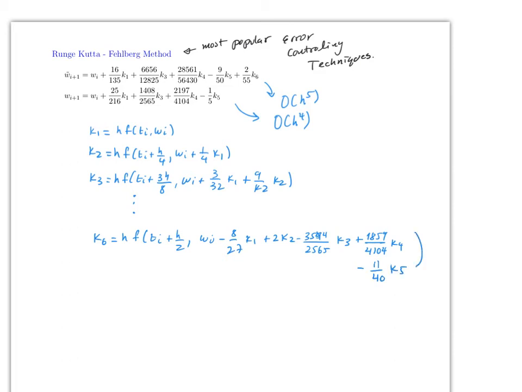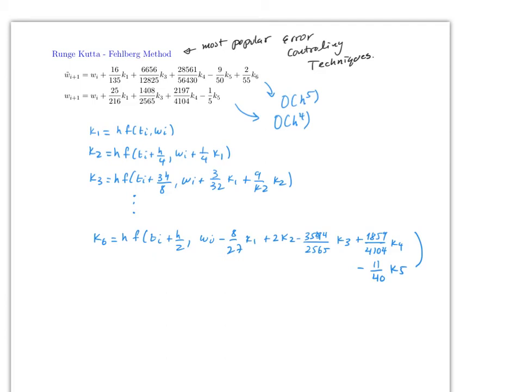So as you can see, this could be a nightmare to do by hand, but everybody should try this at least for one step. Notice how this method only requires the evaluation of f 6 times for each step, while if you were using the regular Runge-Kutta of order 4, it requires at least 4, and if you do the Runge-Kutta of order 5, it will require at least 5 to 6 evaluations.